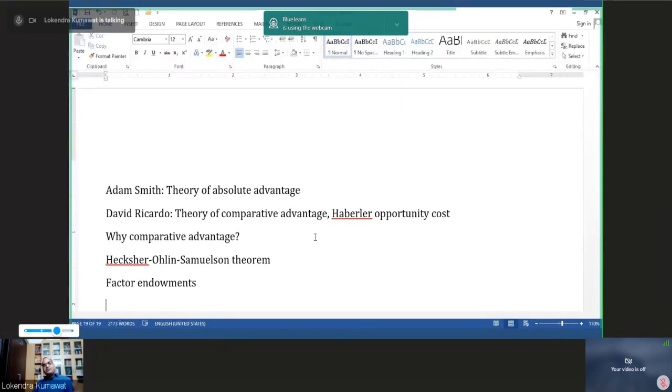But the country in which labor is cheaper will be able to produce at lower cost that commodity which is labor intensive, which requires more labor. And the country in which capital is abundant, and therefore the cost of capital is low, will be able to produce at lower cost that commodity which is capital intensive.